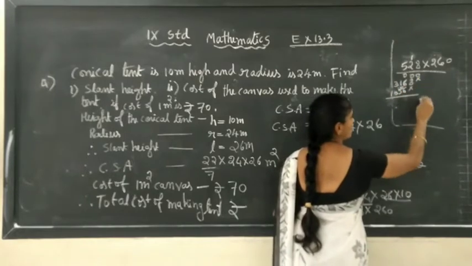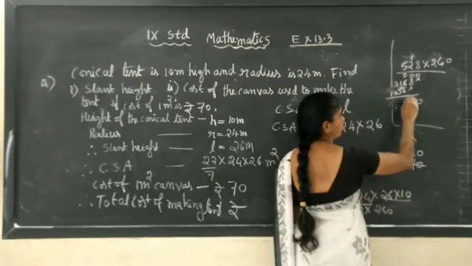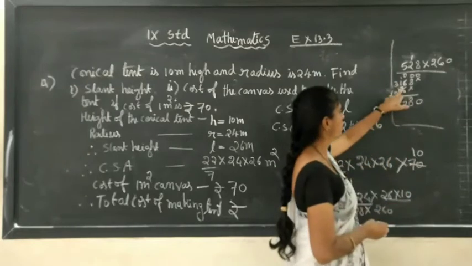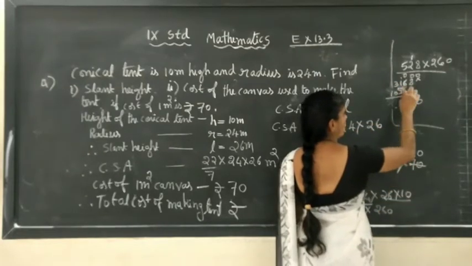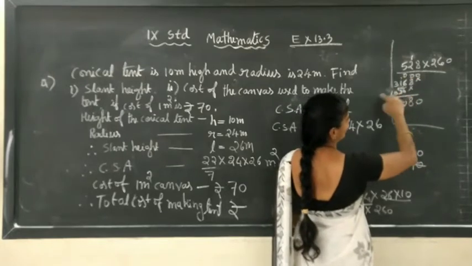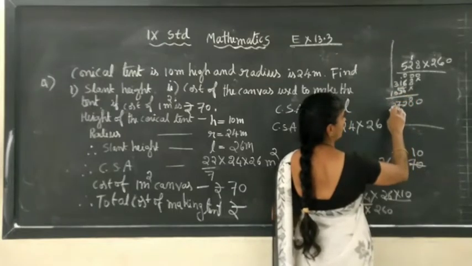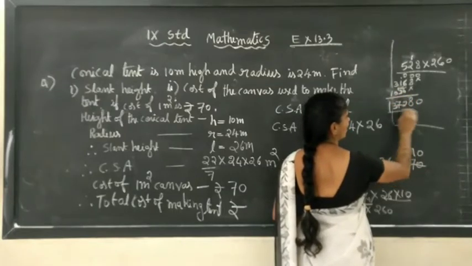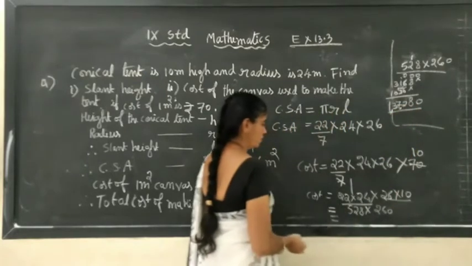Now add it. 0 plus 8 is 8. 6 plus 6, 12. 1 in hand. 5 plus 1, 6 plus 1, 7. And 3 plus 0 is 3 and here 1. So, it is 1,37,280 rupees.